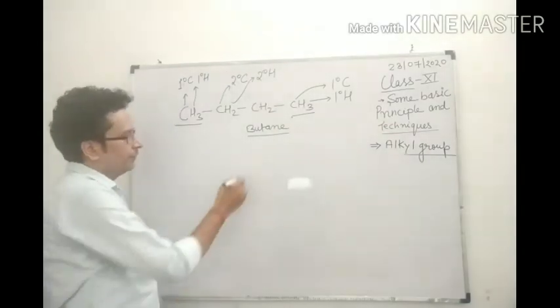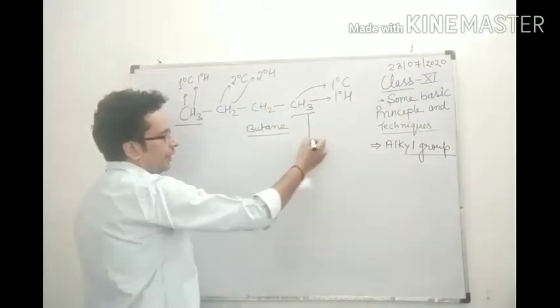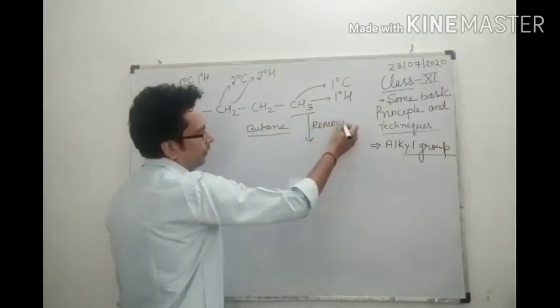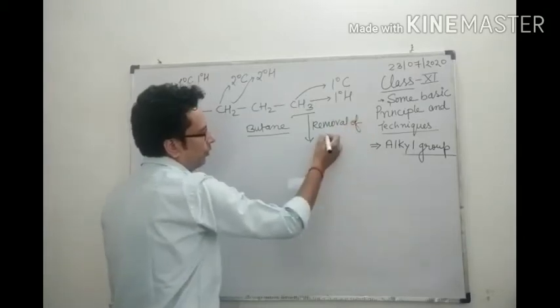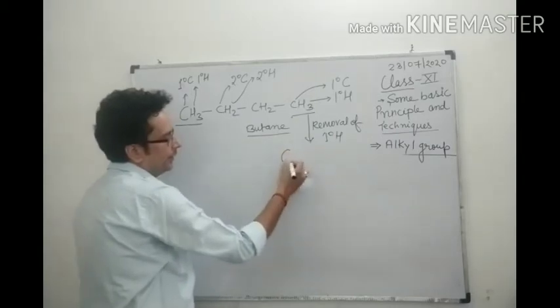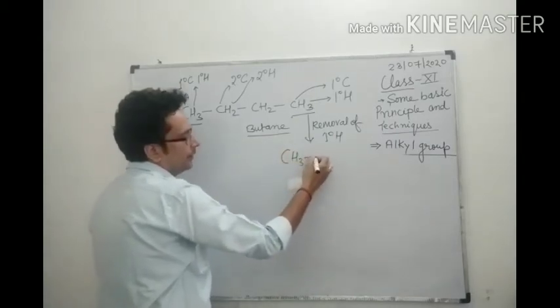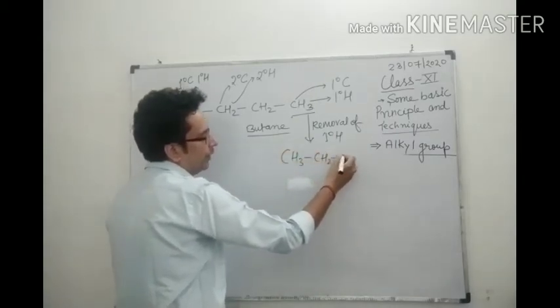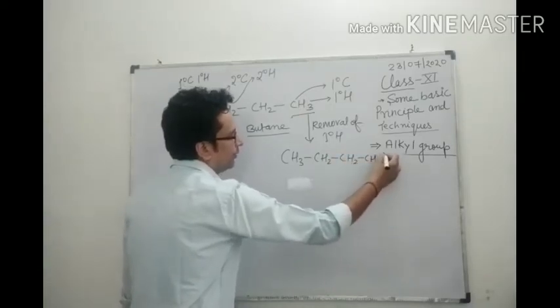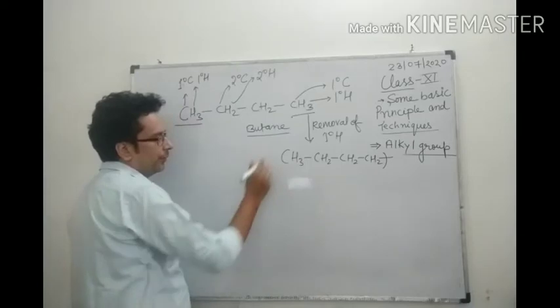Why? Look here, if we remove this one hydrogen, removal of 1 degree hydrogen, the structure is CH3 CH2 CH2 CH2. Okay, this one.